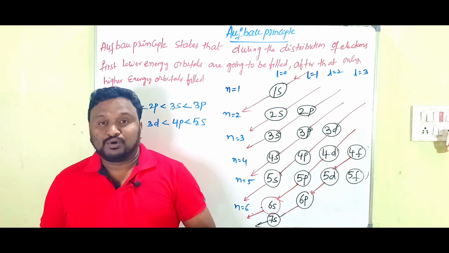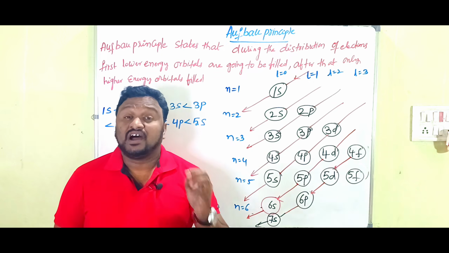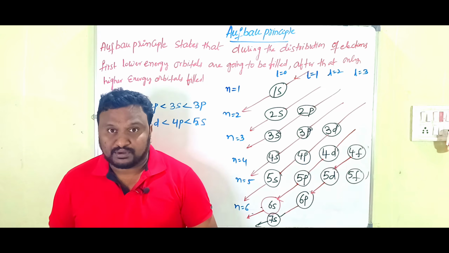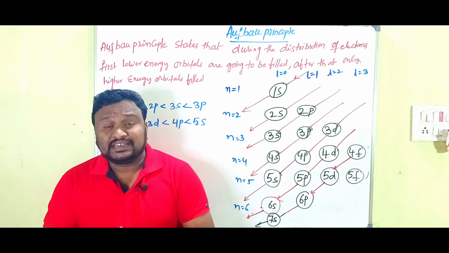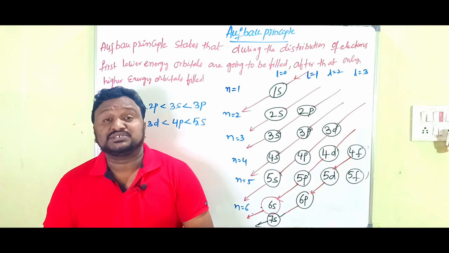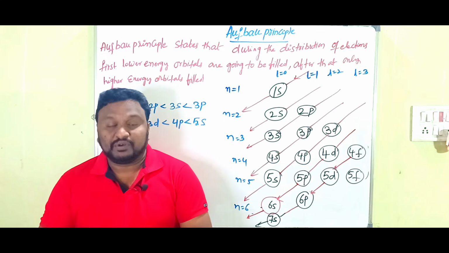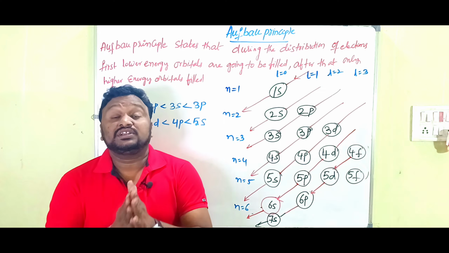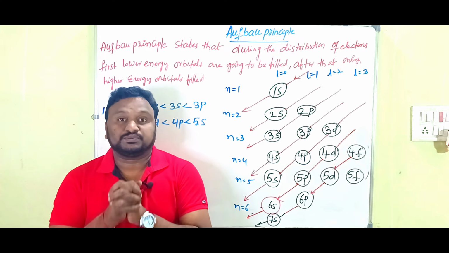The first rule is Aufbau, the second is Hund's rule, and the third is Pauli's exclusion principle. These three rules are very important to fill the electrons into the shells, subshells and degenerate orbitals. That much importance is given to these topics from the examination point of view also.